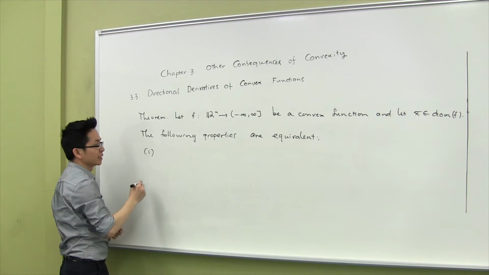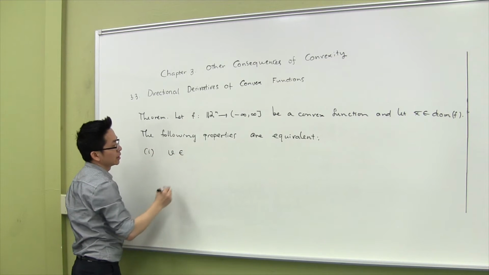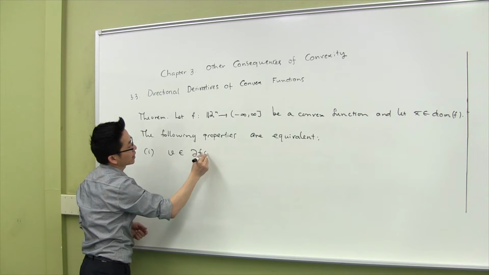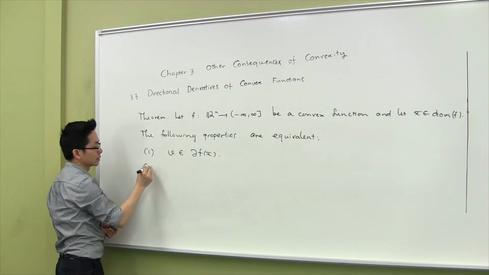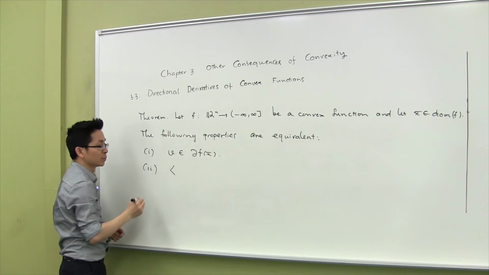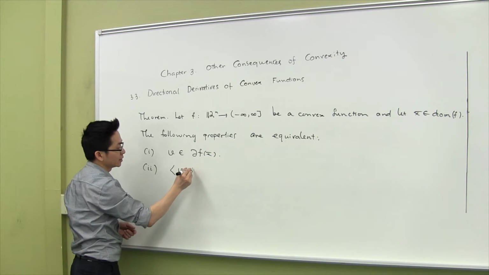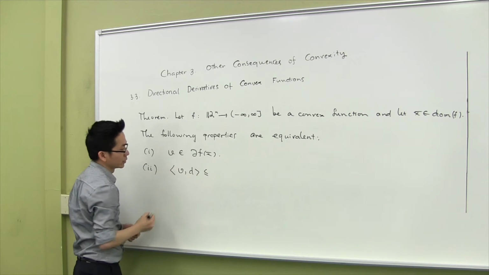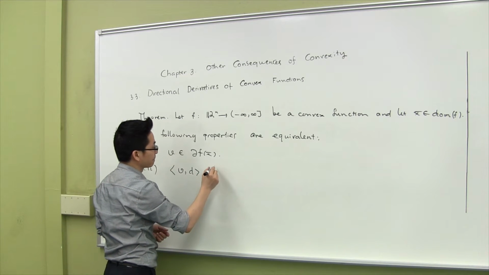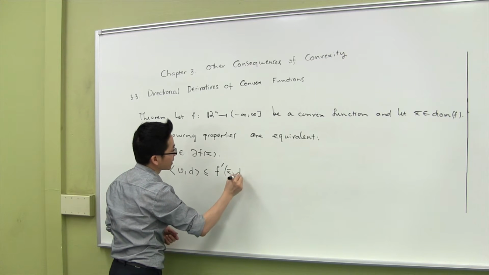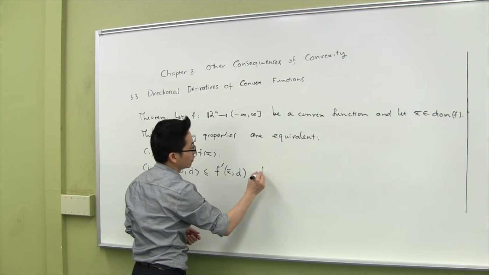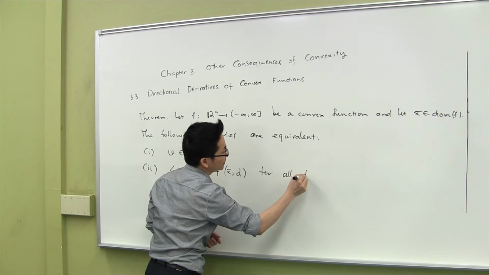The first property is v belongs to the subdifferential of f at x bar. The second property is the inner product of v and d is always less than or equal to the directional derivative of f at x bar in the direction d for all d in R^n.